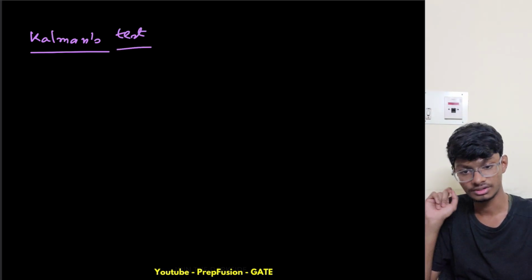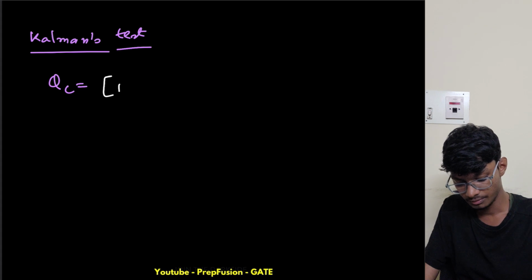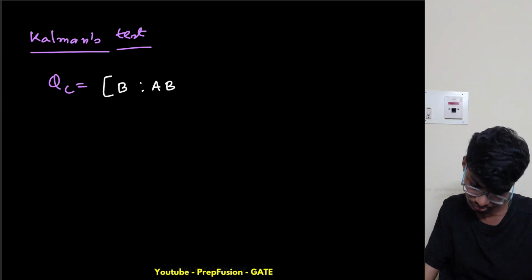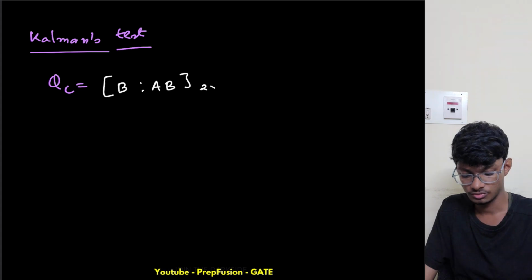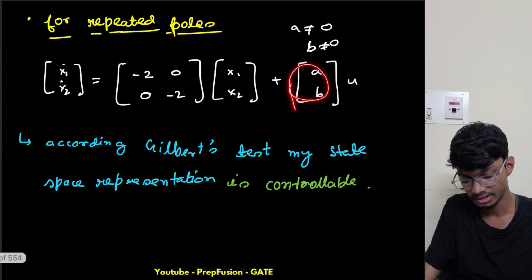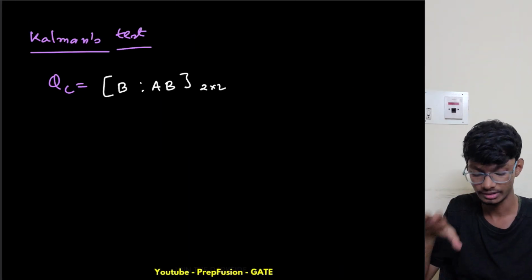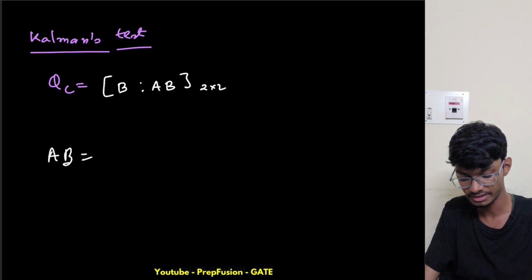This is a second order system, so my Qc will be simply B and AB. What is my B? B here is simply the input vector, and I have to first find the matrix multiplication of A and B.